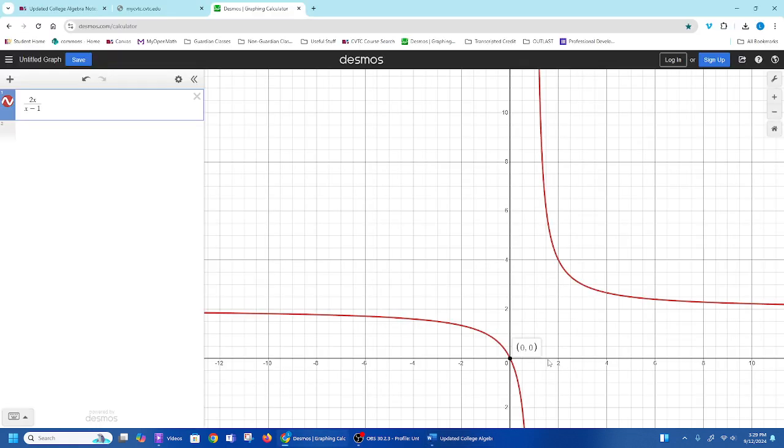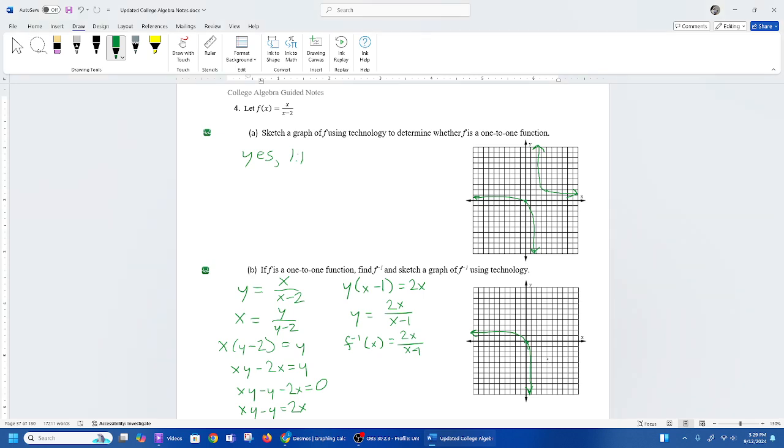And it goes through the point 2, 4 instead of 4, 2. And again, it's going to approach x equals 1 and y equals 2 without ever touching or crossing. It's kind of hard to see with the example, but these are in fact reflections over the line x equals y.